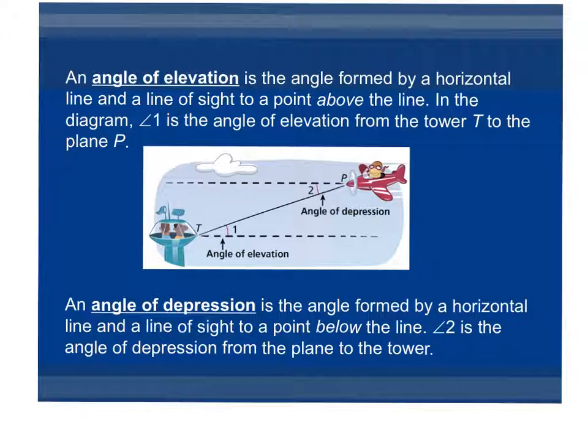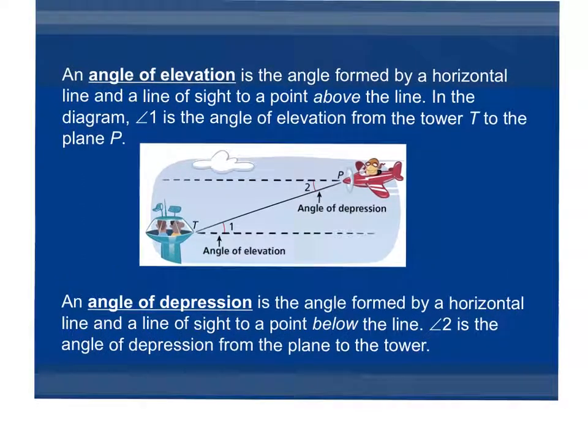An angle of elevation is the angle formed by a horizontal line and a line of sight to a point above the line. In the diagram, angle 1 is the angle of elevation from the tower T to the plane P. So, what I'm talking about when I'm referring to an angle of elevation, it's from the eye level up or from the ground up.